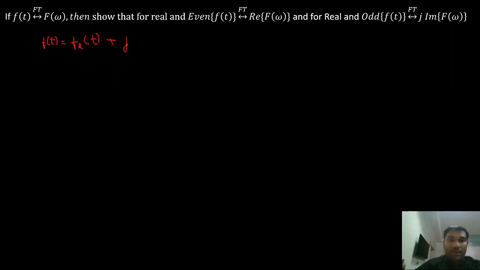Imaginary part I'll call it as j into f I of t. Right? Now I'll find F of omega.